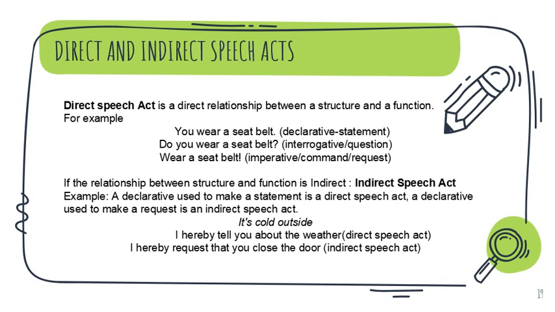A direct speech act is whenever there is a direct relationship between a structure and a function. Therefore, a direct speech act is when a declarative is used to make a statement, an interrogative is used to make a question, and an imperative is used to make a comment or request.